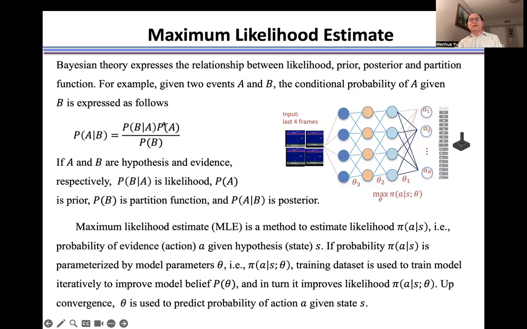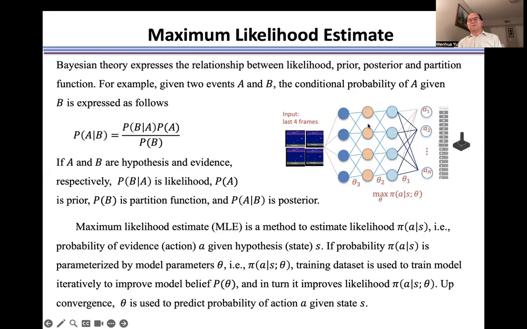After we update these model parameters, that means we have already improved this prior, and we have increased the model confidence. Using the new model parameters, we can predict the probability of action again. And then we update the model parameter theta again until we reach convergence.